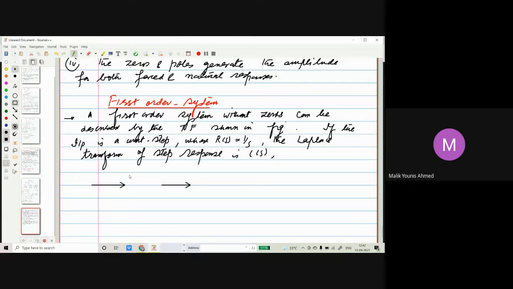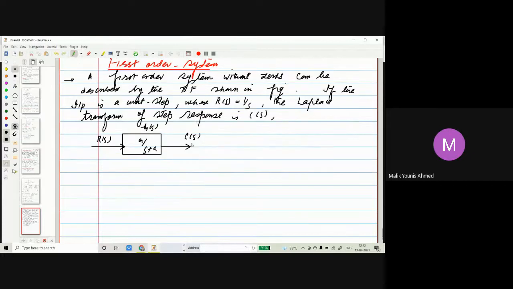Let's take an example. So let's say we have R of S, that is step, and we have G of S, that is the transfer function, A by S plus A, and we have output, that is response, we call it output.